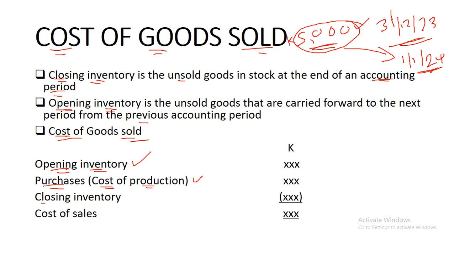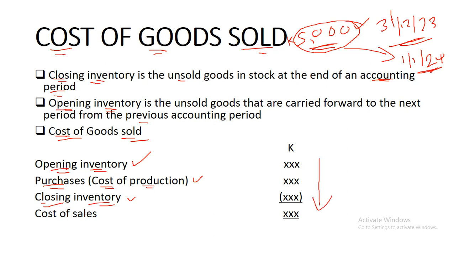Then you've got closing inventory. As I've already explained, closing inventory is just the inventory that you have. So if you began the period with 5 cases of Mojo, then you purchased, say, 10 cases of Mojo, then at the end of the period, you've got 2 cases of Mojo. That's the closing inventory. So now, how do you calculate the cost of sales?